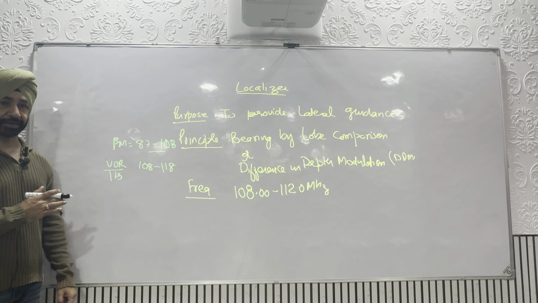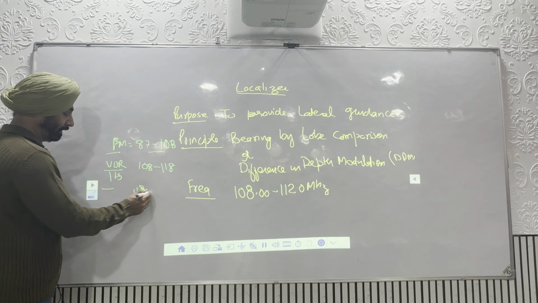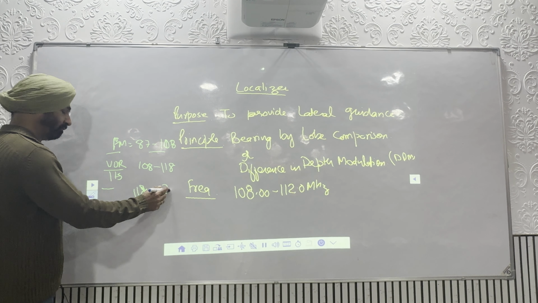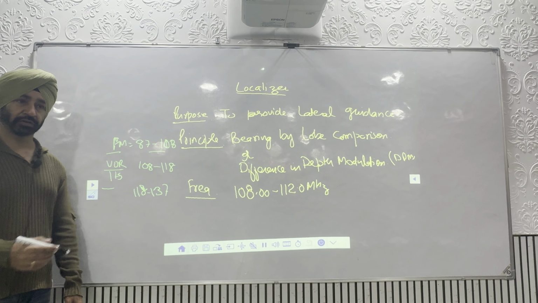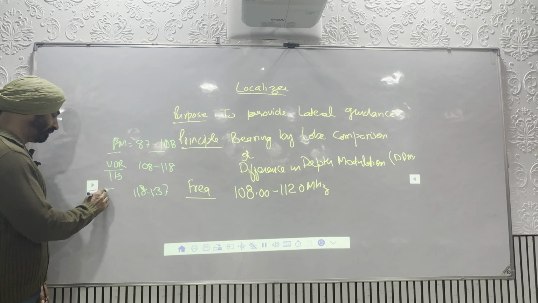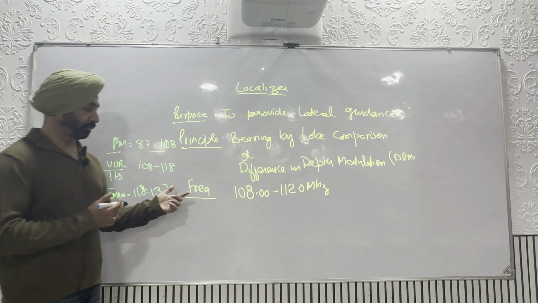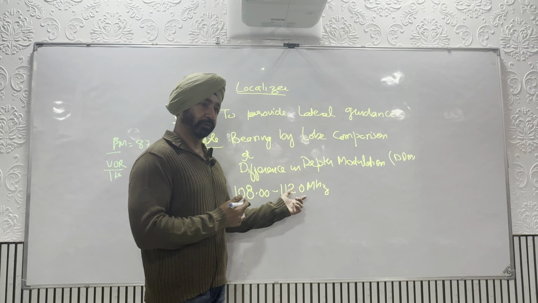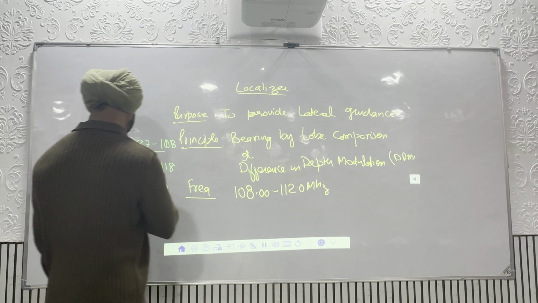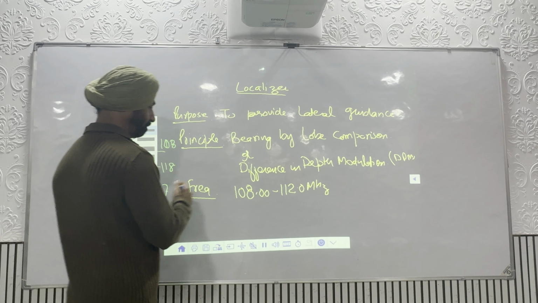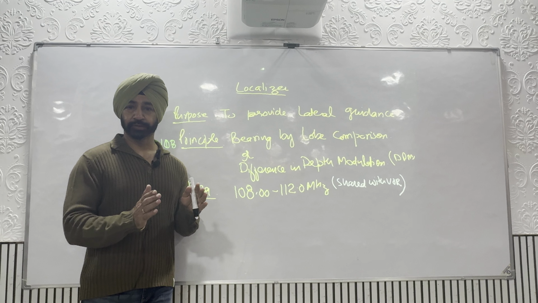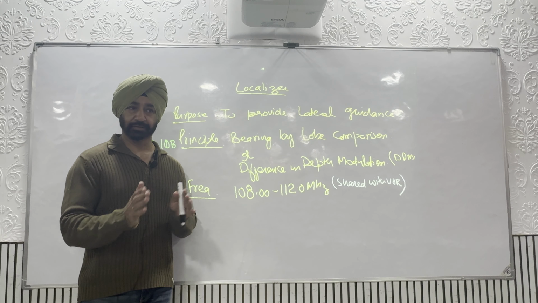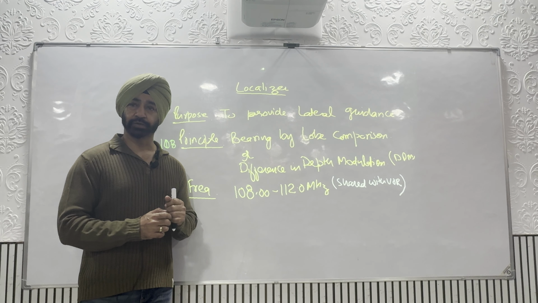They share that band, and above that 118 to 137, actually 136 point something, we use for aeronautical communication. So these frequencies are from 108 to 112 megahertz, and it is shared with something called VOR. When it is shared, it means some frequencies are for ILS, some frequencies are for VOR.